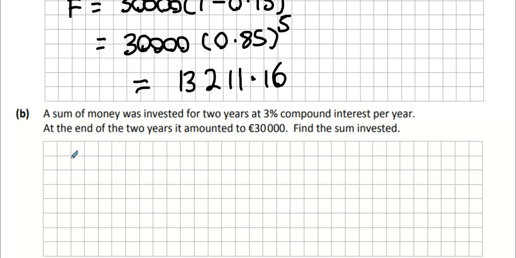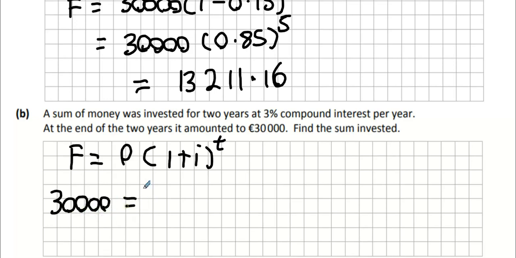So here's what happens. F equals P(1 plus I) to the power of T. Is that okay with you guys? Your final amount is how much? 30 grand. Your initial amount, P, is what you're trying to find out, isn't it?